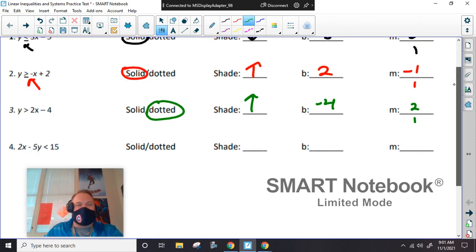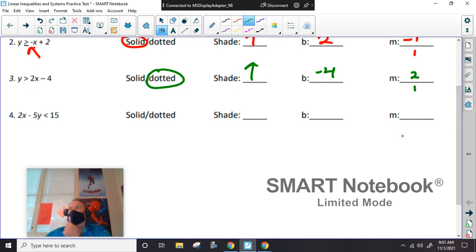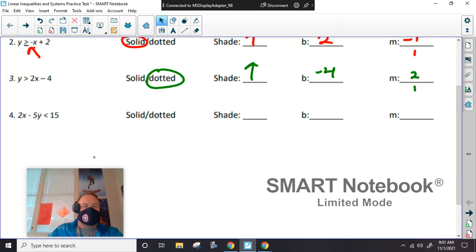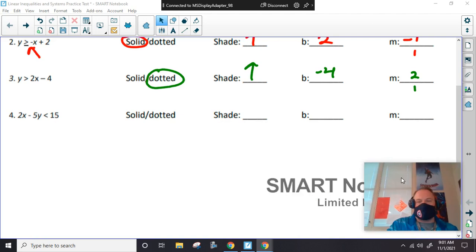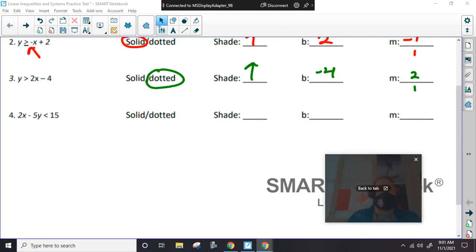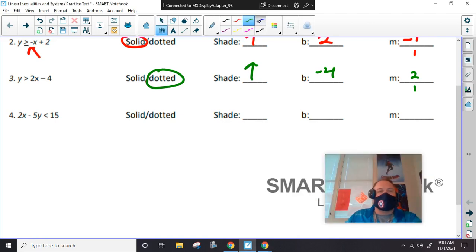All right. So, now number 4 looks a little different. Can we answer any questions right now? I would not. We possibly could answer the solid or dotted, but I would wait. Now, first off, we got to get this y by itself.